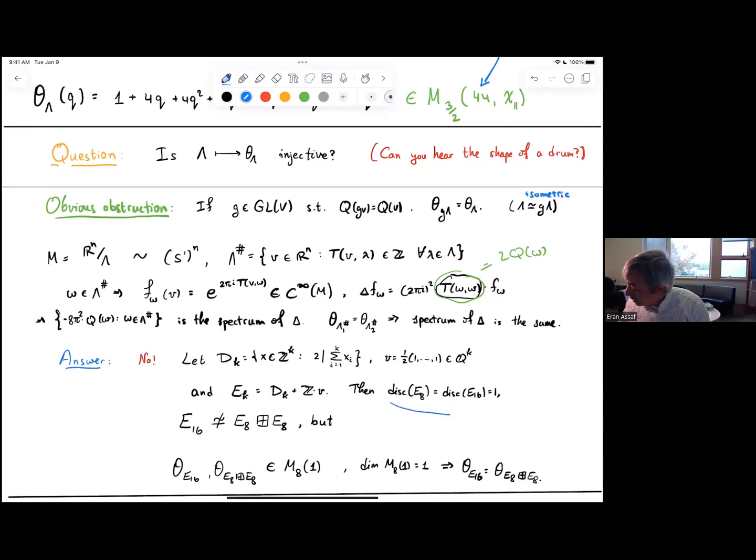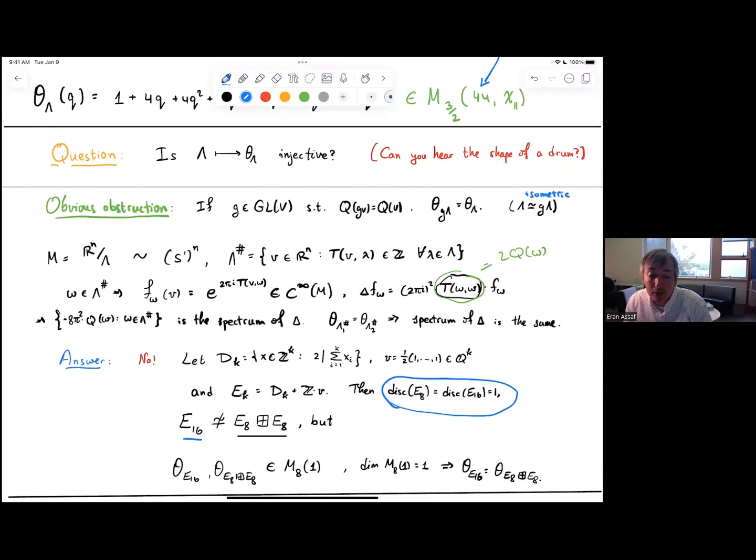And so we see we get, both when n equals 8 and n equals 16, a discriminant of 1. And we get two lattices, the orthogonal direct sum E8 plus E8, and E16 itself. They're not isometric, which one needs to work a little bit to show by looking at specific 4-dimensional lattices that are found inside them.